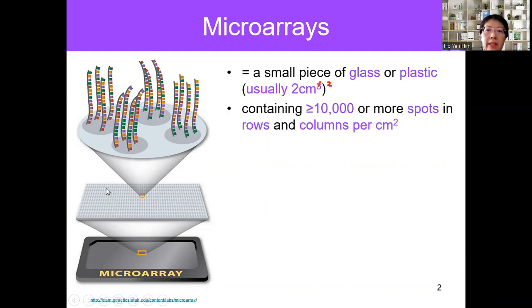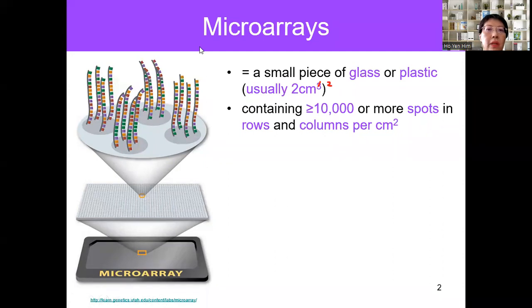And within this piece of glass or plastic, it contains approximately 10,000 or more spots in rows and columns. If you see this one here, you can see a lot of tiny spots, right? And these spots are arranged in rows and in columns. So you got 10,000 spots in rows and columns per cm square.